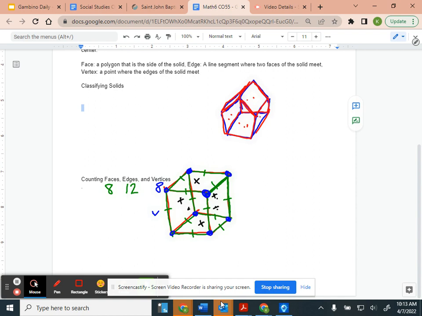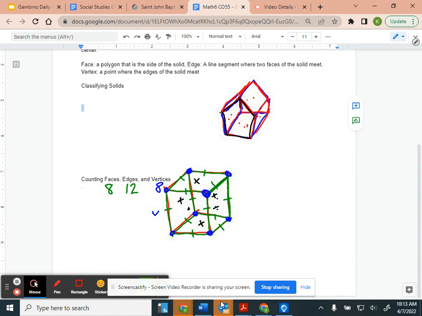How many edges? Nick. 13. Let's count it together and see if it's 13. So we have 1, 2, 3, 4, 5 in the front.